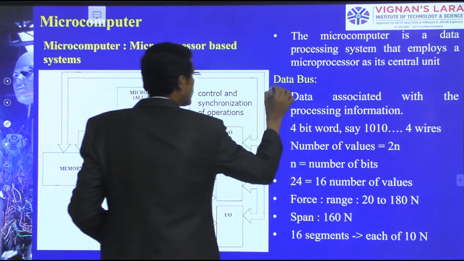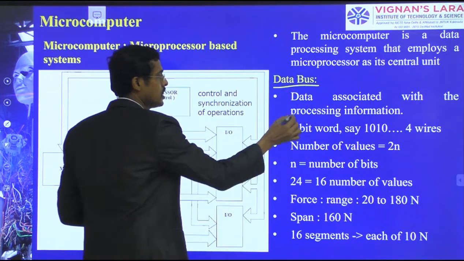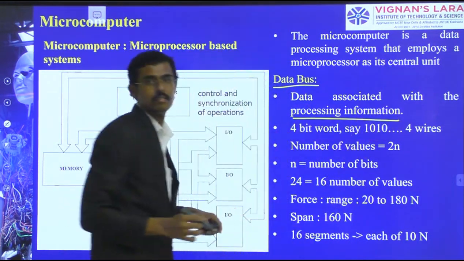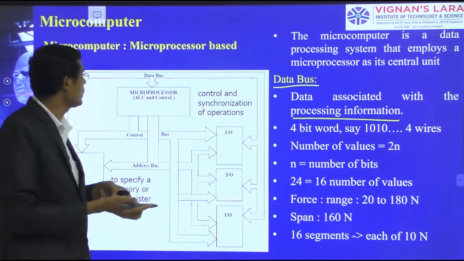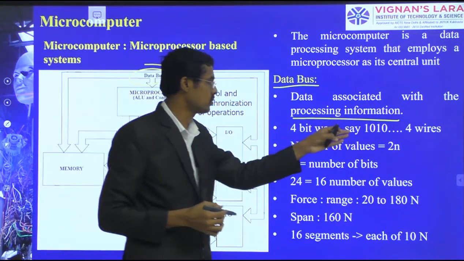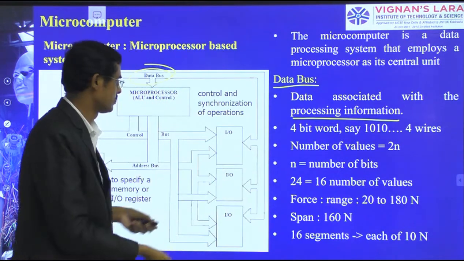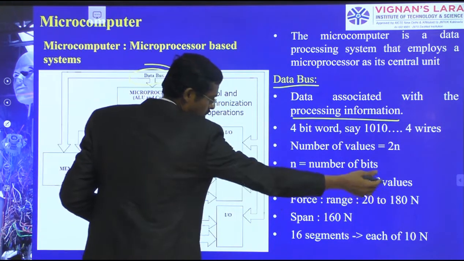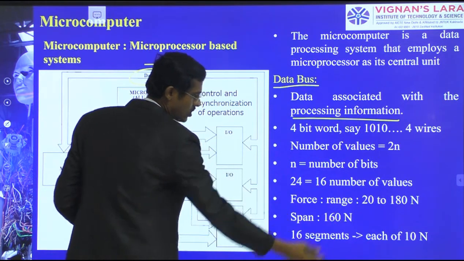And the next one I am telling about is the data bus. The data is associated with the process information. What data have we taken? What data is it? Binary data, number values, whatever it is. So the data we take here, for example a 4-bit word such as 1010 from 4 wires. Some data we are taking, like force ranging from 20 to 180 newtons, or strain levels of 160 newtons.